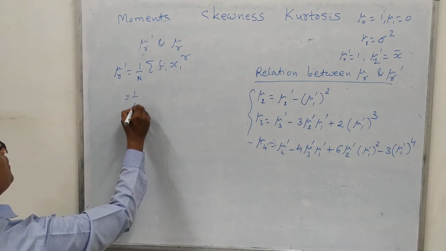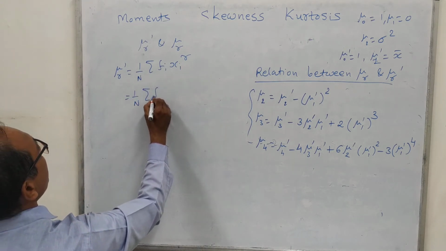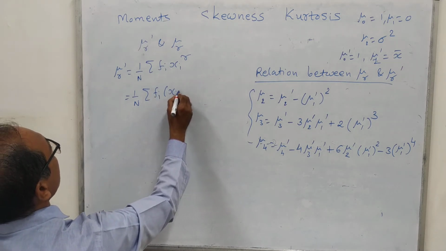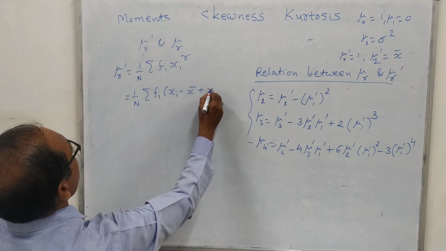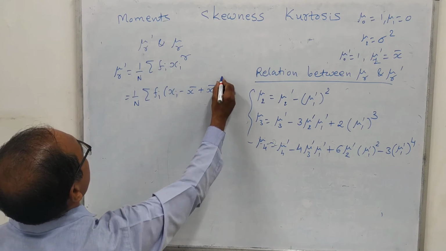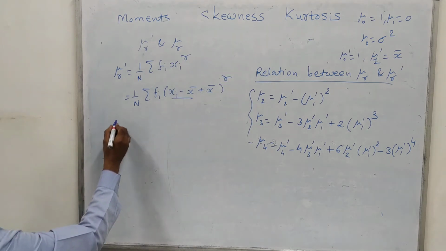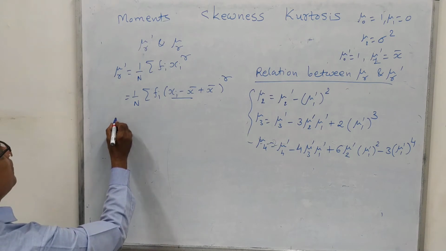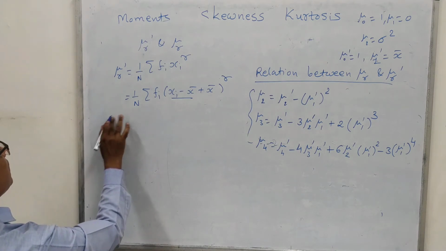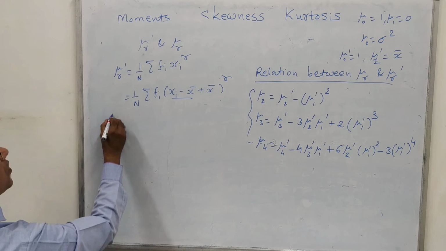So 1 upon n sigma fi, xi minus x bar plus x bar we will write down. So these two will be cancelled finally, and we will combine this as a single one. Suppose we want to find out mu2 dash.